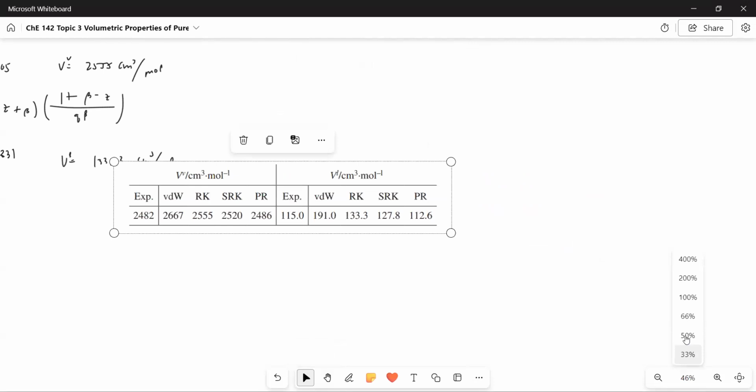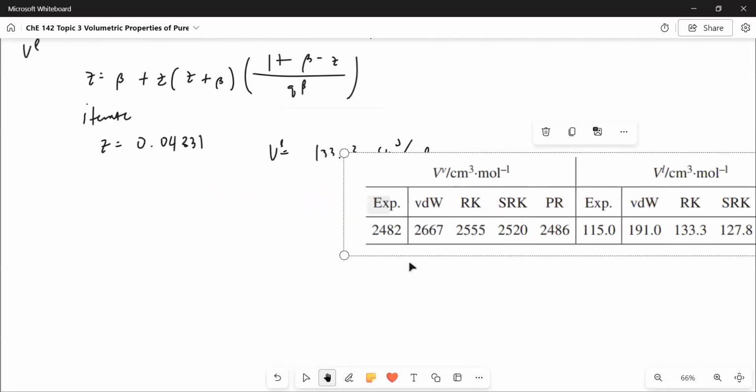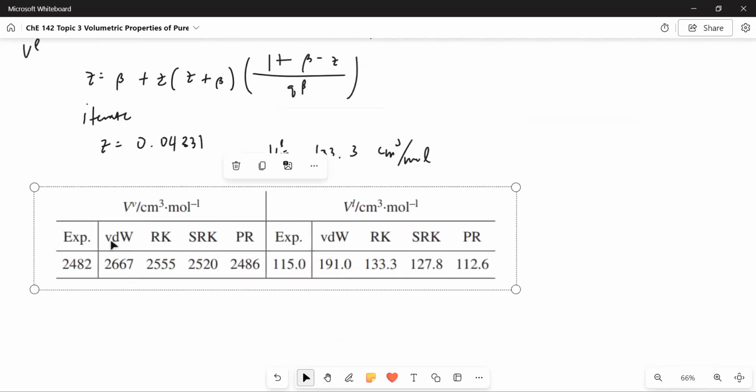This is from the book. For van der Waals, we calculated that, and for Redlich-Kwong, we also calculated that. We have SRK and Peng-Robinson, and the experimental is this one. So what do you notice? Which one is the nearest?